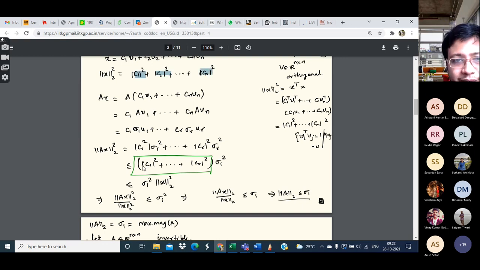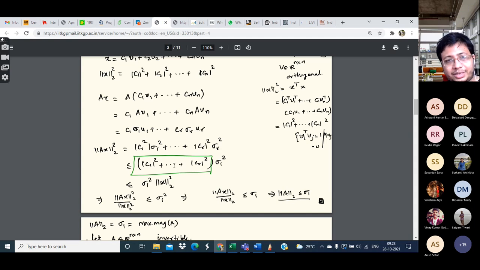So now what I am saying is just consider the first r elements of this summation. This summation has n elements, c1 square, c2 square up to cn square. Here I am considering only the first r of them, keeping the remaining n minus r aside. But the remaining n minus r terms are all positive because they are all squares.